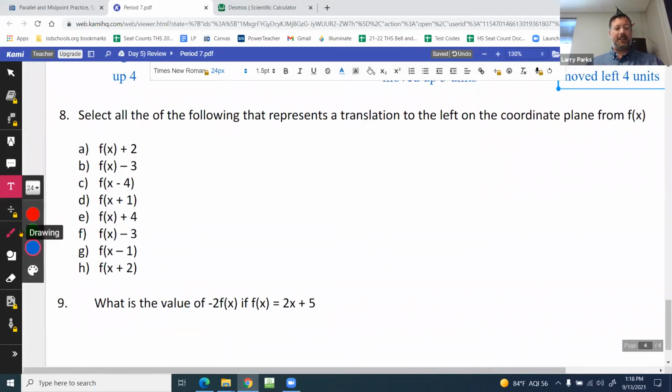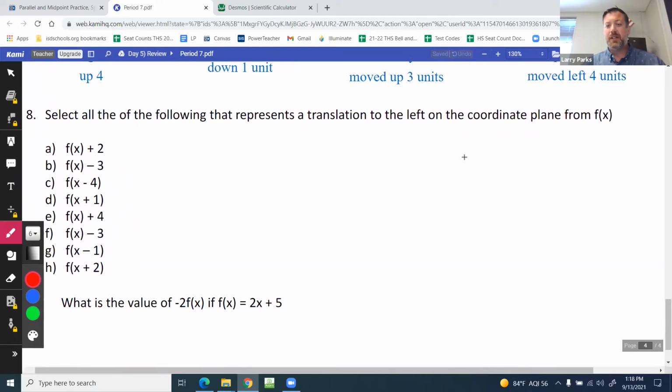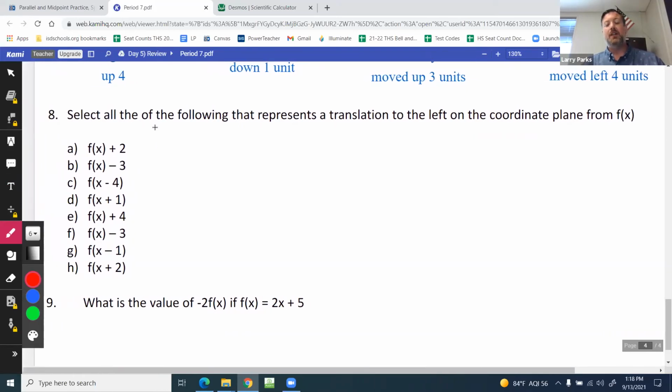All right, select all of the following that represents a translation to the left. Oh, I can't read. Select all of the following that represents a translation to the left. So does this cause it to go to the left? No, it causes it to go up. Does B cause it to go to the left?